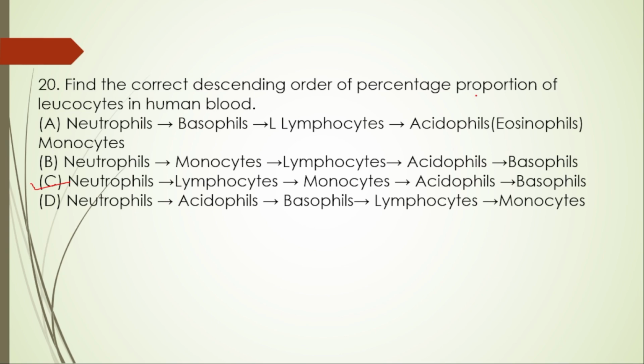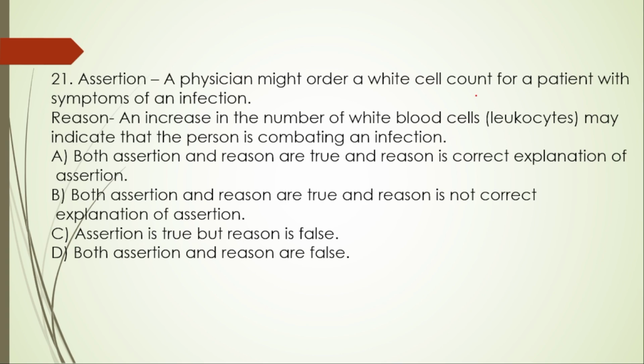Next, question number 21, an assertion and reason type of question. Assertion: a physician might order a white cell count for a patient with the symptoms of an infection.